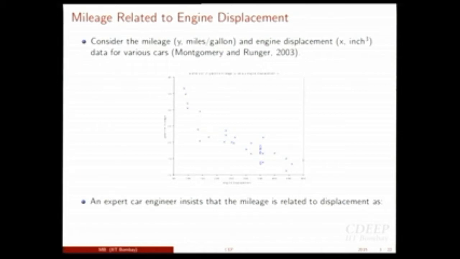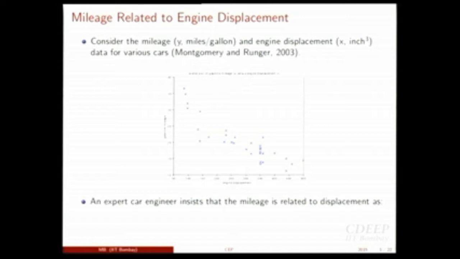There is a data set which involves maybe 20-25 different types of cars, and for each car an experiment is performed to obtain the mileage, the number of miles traveled per gallon, and this is the size of the engine. I don't recall the units, maybe cubic centimeters, but it's cubic inches. This is for various cars.